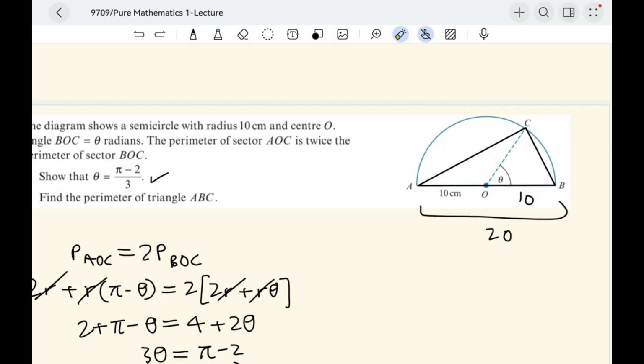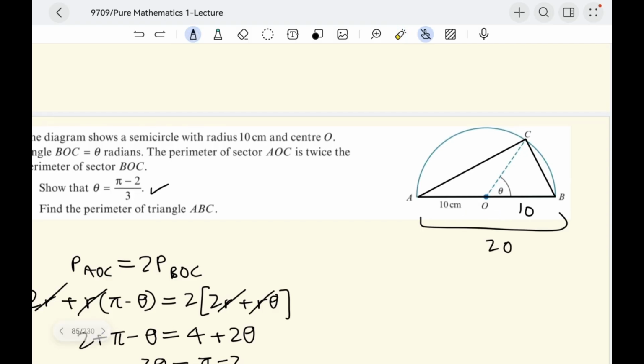Apologize for the laser, it's quite chaotic. So OB is a radius as well as OC, 10. So how to get BC? As you can see there's an isosceles triangle, but we still need to use the cosine formula to look for the length of the chord as well as the other chord AC.